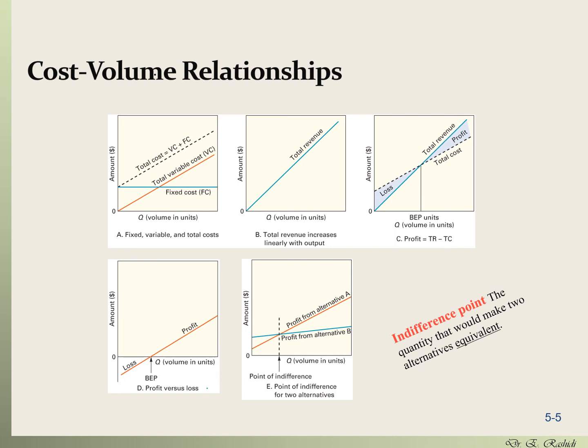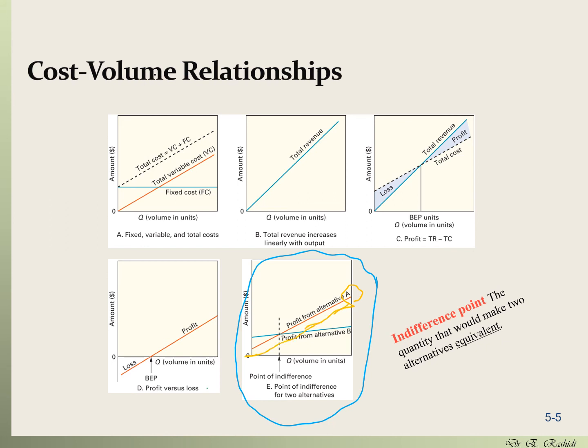Suppose you are evaluating and comparing two alternatives based on their economic evaluation. There might be a quantity at which the two alternatives are equal. That means you are indifferent between picking one based on the economic consideration. So in the fifth chart, we have alternative A, shown by this red line right here.